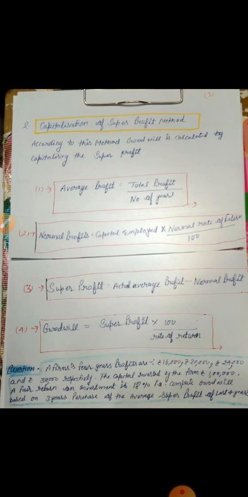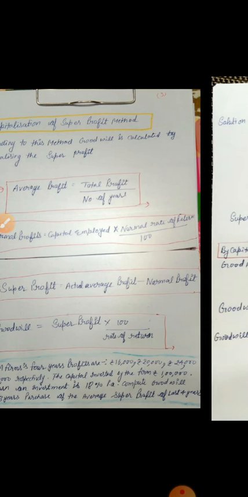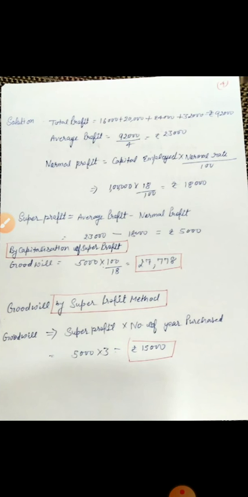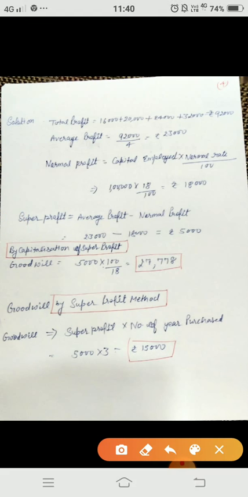This means we will have to calculate the goodwill by using two methods in this question. First is the simple super profit method, and second is the capitalization method. We will discuss both separately. Okay, in the solution you can see that no average profit is given in the question, so you will have to calculate the total profits.